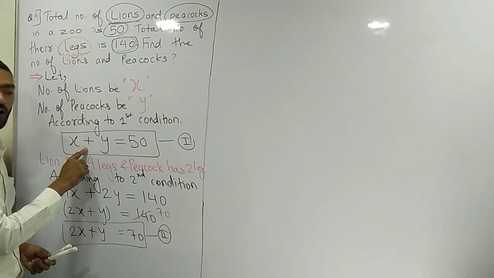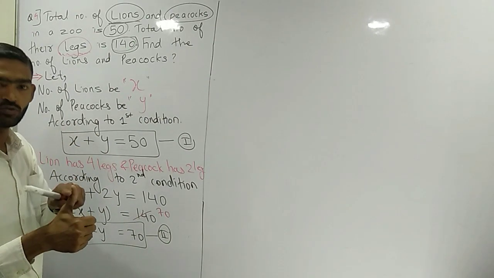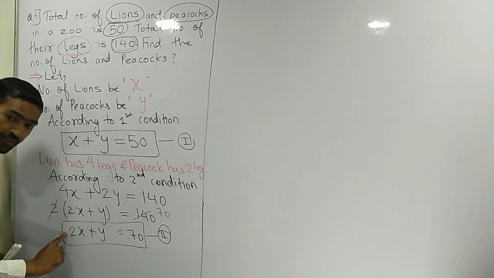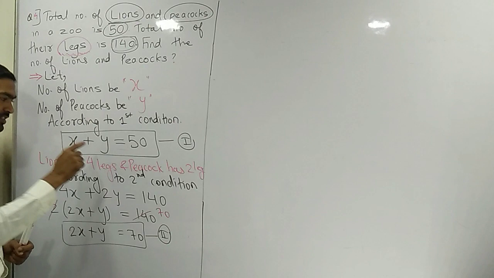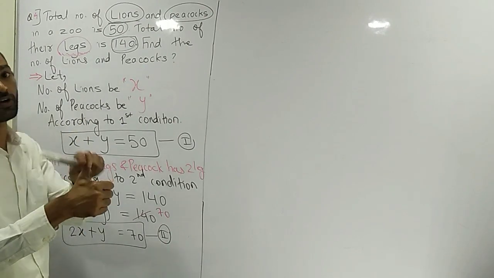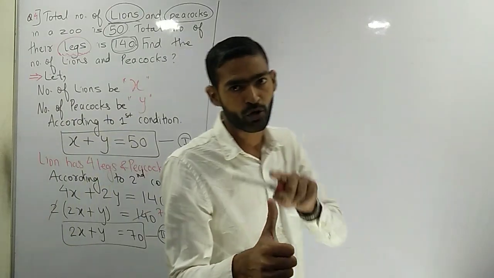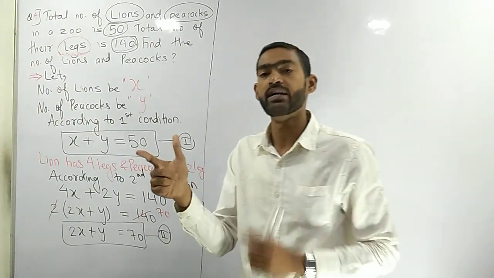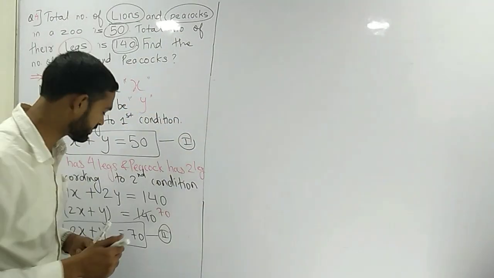Next step is what? Now we'll check the coefficients. So look, the coefficient of x: 1x, but here I am adding 2x, they are not equal. Next, the coefficient of y? 1, here 1, yes, first step achieved. The coefficients are equal. Now second is what? Now we'll look at their signs. Let us check their signs.